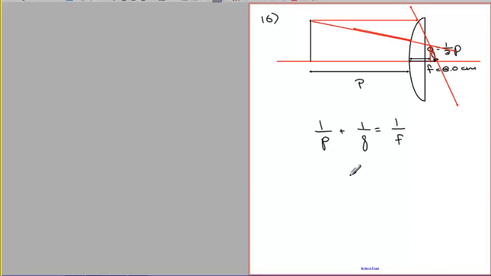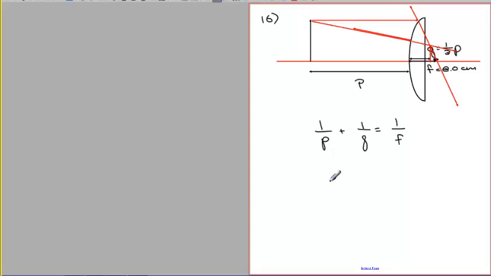So what we're going to have is the image is virtual, so it's going to be negative. If again you go to page 765, the object is in front, plus. The image is behind, which is negative. The focal length, oh actually, the focal length is negative because it's in the back.